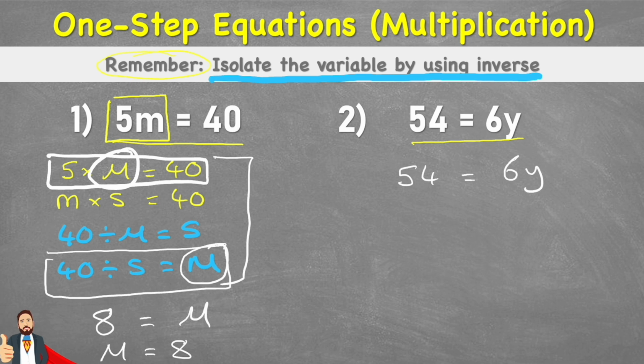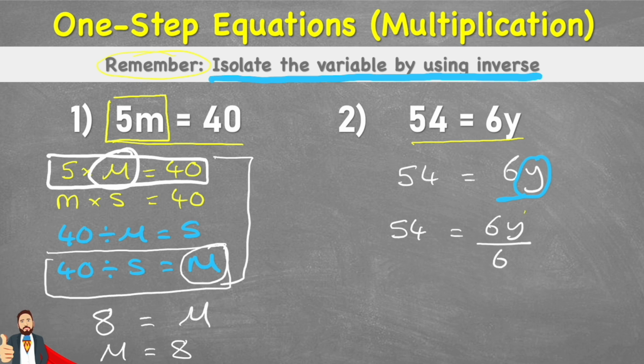But what I want to do, I want to isolate this y. At the minute, it's connected to the 6, but I want it on its own. So how can I get rid of this 6 times? Well, I'm going to use the inverse. The inverse of times 6 would be divide by 6. So I can rewrite this to be 54 equals 6y divided by 6.